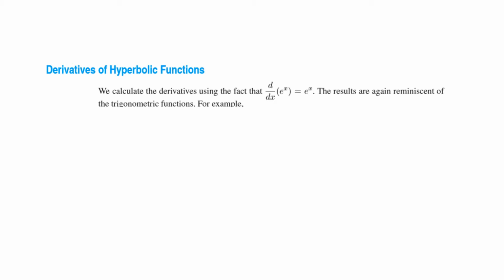The most important derivative that we already know is d over dx of e to the power of x equals e to the power of x. By using this, we can get the derivatives of the hyperbolic functions.